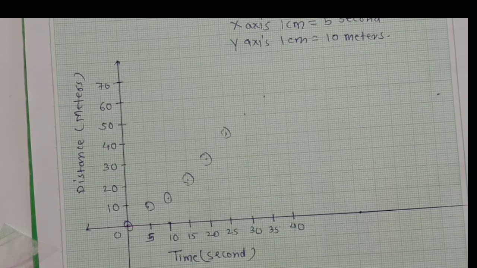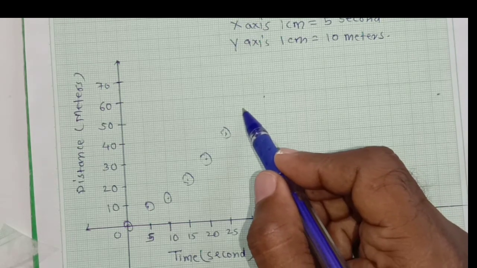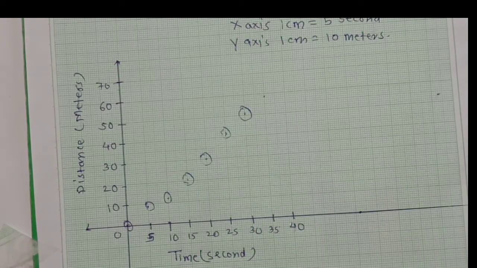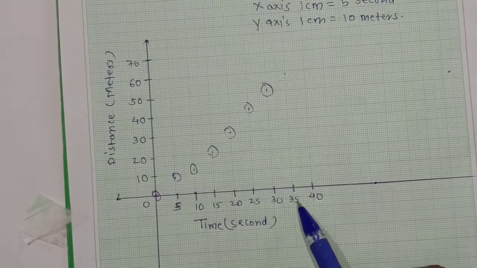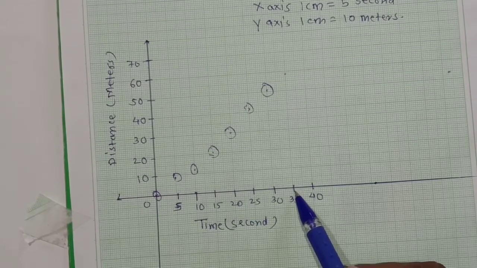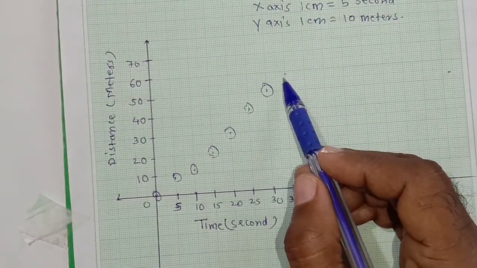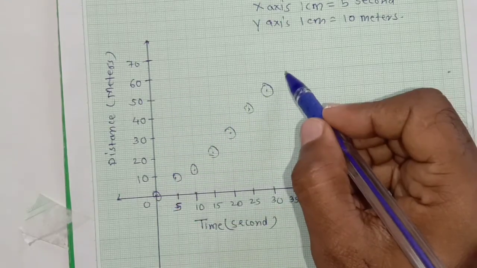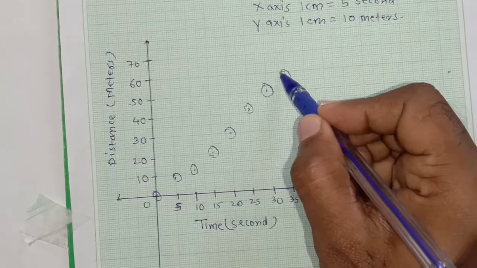Then seventh point, time is 30 second on x-axis and distance is 50 meters on y-axis. So this is our seventh point. Eighth point, time is 35 second on x-axis and distance is 58 meter on y-axis. So this is our last point.